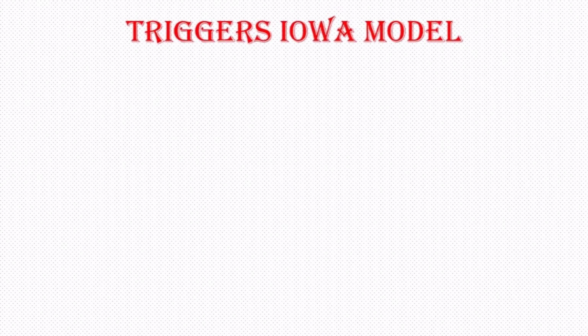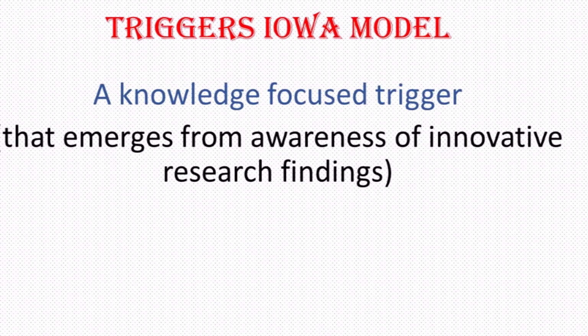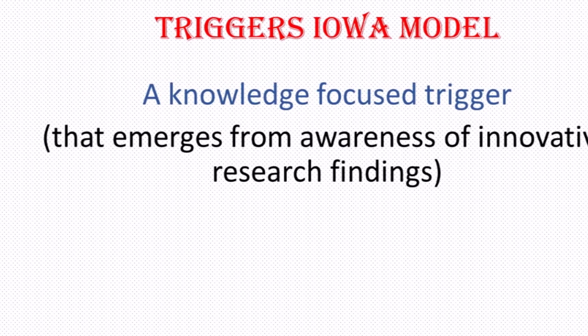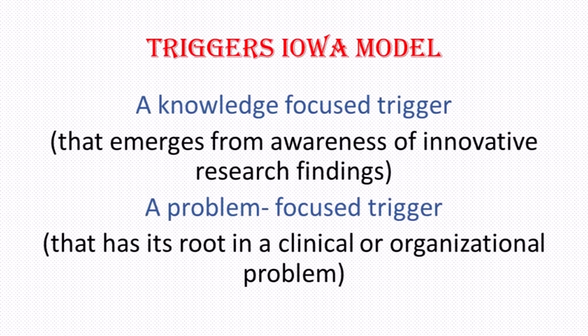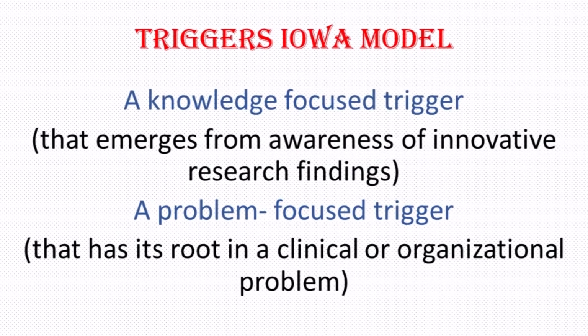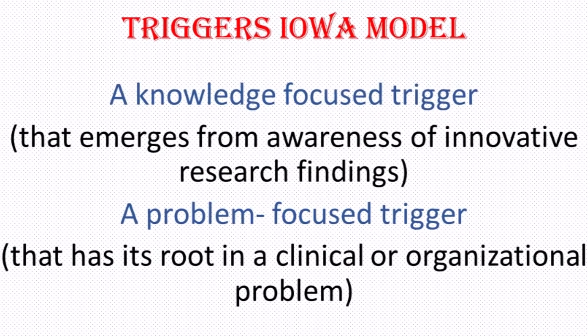Those are a knowledge-focused trigger, which emerges from awareness of innovative research findings. The second trigger is a problem-focused trigger that has its root in a clinical or organizational problem. Let us discuss in detail about this Iowa model.